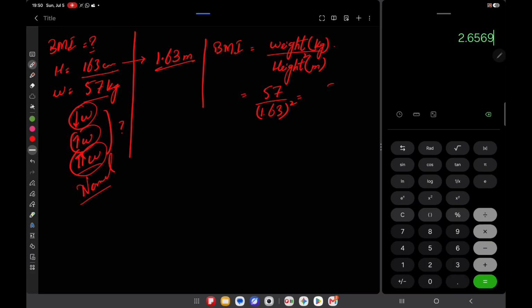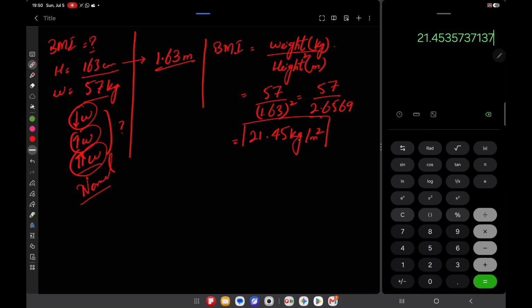I have to write it as a denominator. 2.6569, and 57 divided by 2.6569 will be equal to 21.45 kg per meter square.